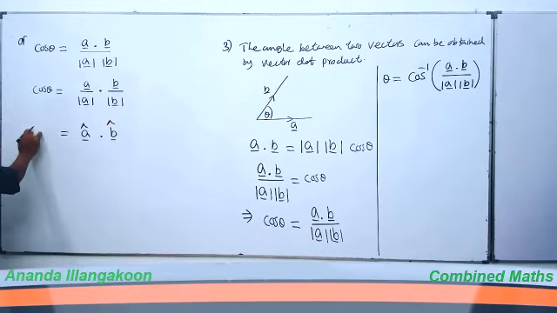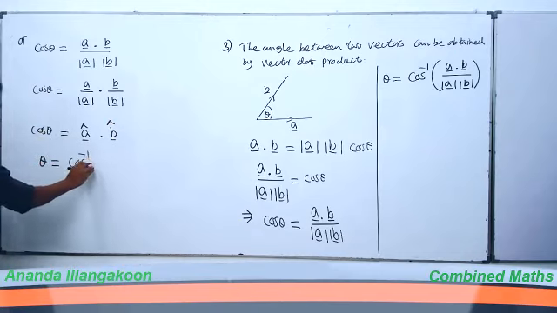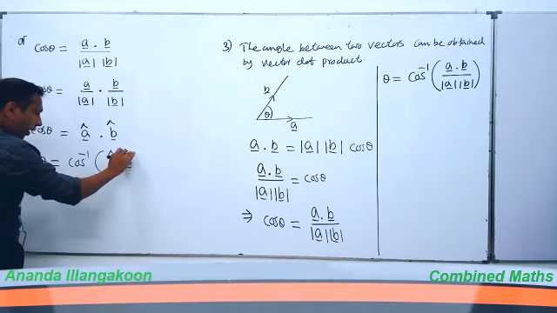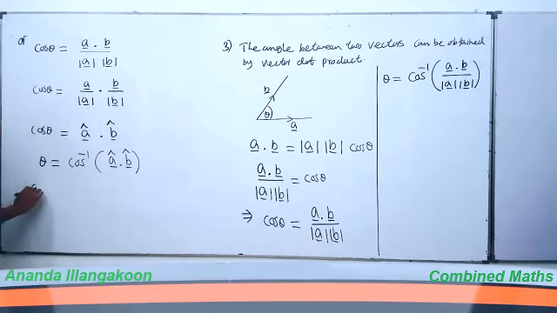Then we can write cos theta like this. Then theta can be written as cos inverse of A hat dot B hat. What is this A hat?